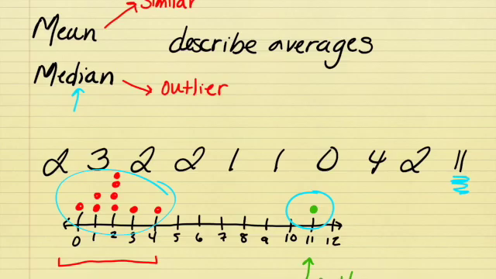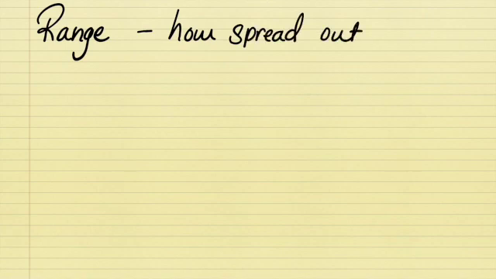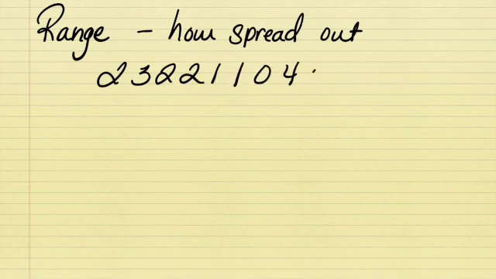All right. Now, range is its own kind of special thing. Range tells us how spread out a set of data is. Our data was 2, 3, 2, 2, 1, 1, 0, 4, 2.